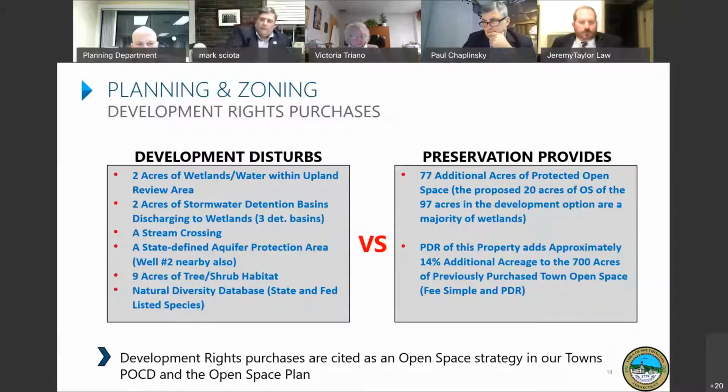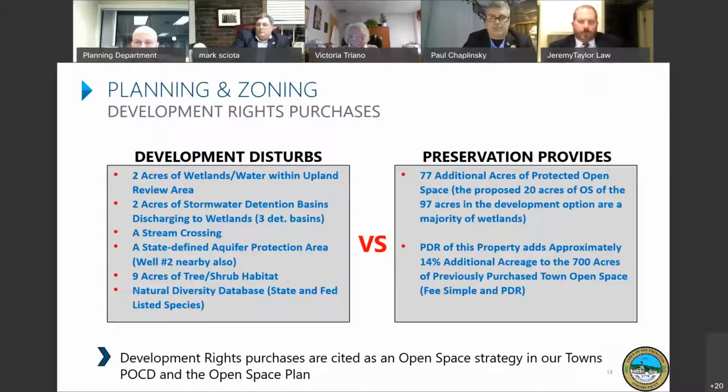A state-defined aquifer protection area is located on this property, and it's notable that Southington Well Number 2 is also nearby. It would disturb 9 acres of tree and shrub habitat. And the property is also listed under the Natural Diversity Database, which is state and federal listed species of concern. I'll touch a little bit more on that in the next slide.